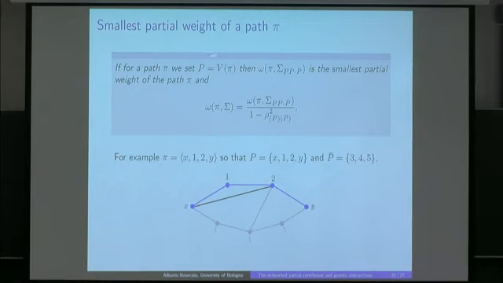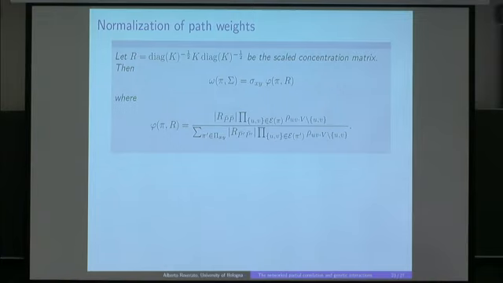So P are the vertices of a path, and I can compute this ratio where I have here the partial weight where P are the vertices of a path. So this is a way of decomposing the full weight in such a way that the numerator is as small as possible.